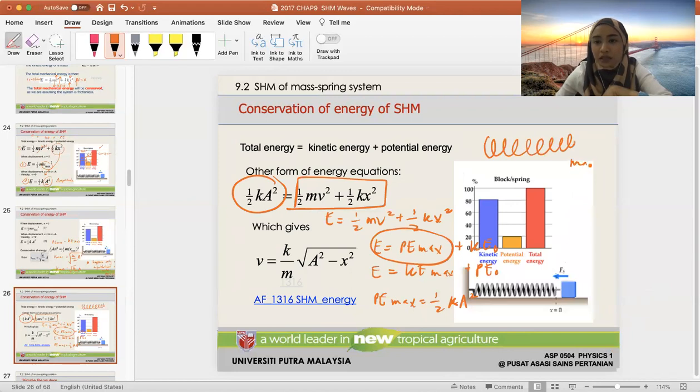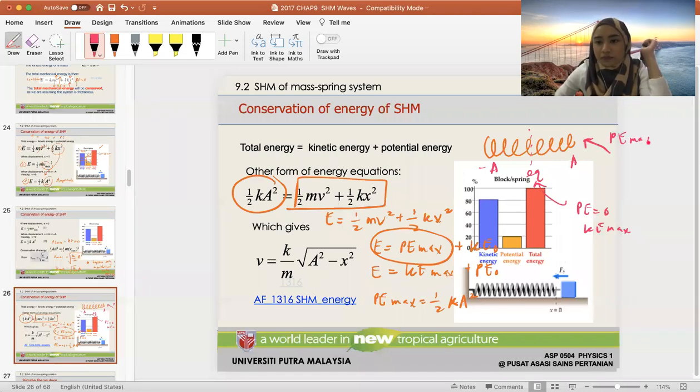This is A and minus A. So this is equilibrium, and we know what happens here. This is PE 0, KE max. I'm going to repeat myself until you remember. Then PE max, KE 0. So we find v max from here, at equilibrium.